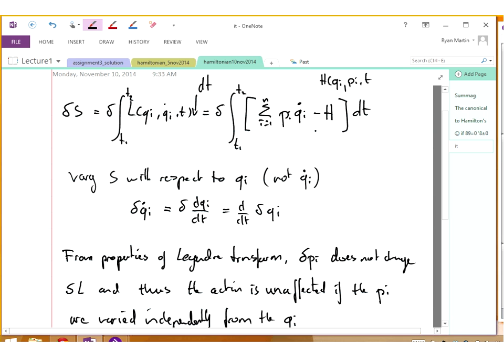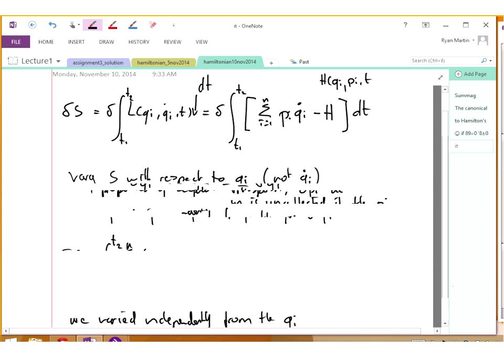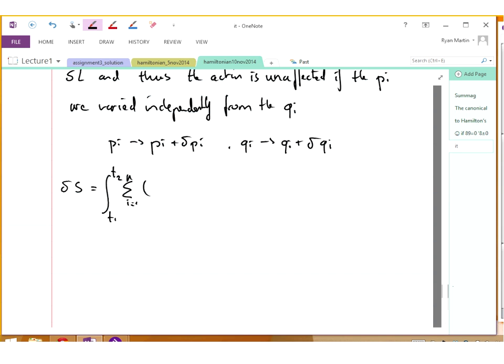So I'm going to take the variation, I'm going to bring the delta inside of the sum, and apply the product rule. So that gives us that first term, which is Pi delta Qi dot plus Qi dot delta Pi. All right, that's that first term.